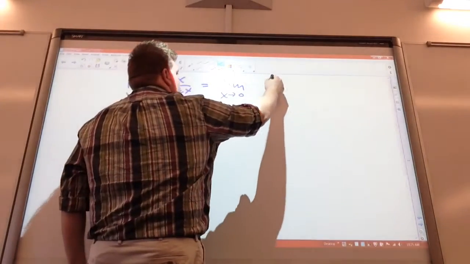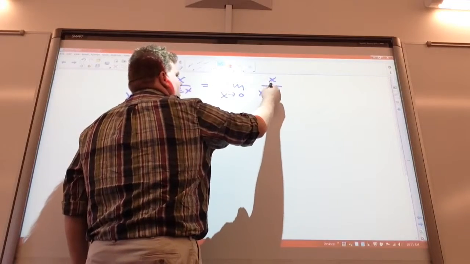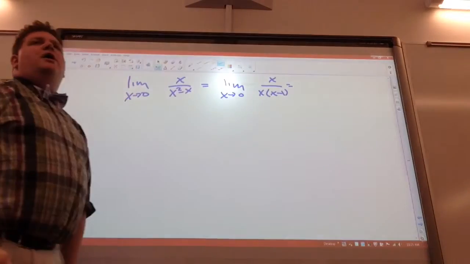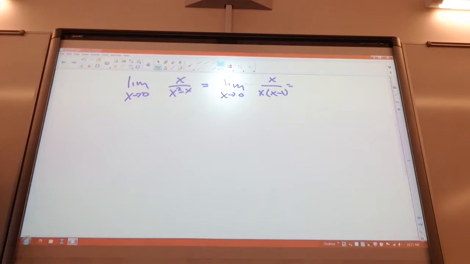With proper notation for these things, until you actually take the limit, you're supposed to write out limit as x goes to 0 in front of everything. It's a notational thing, because I haven't done the limit yet.